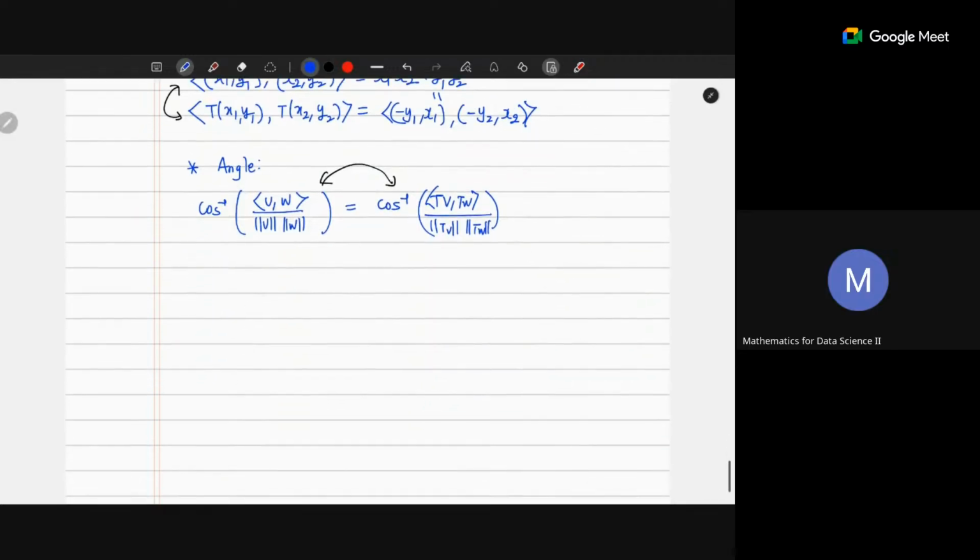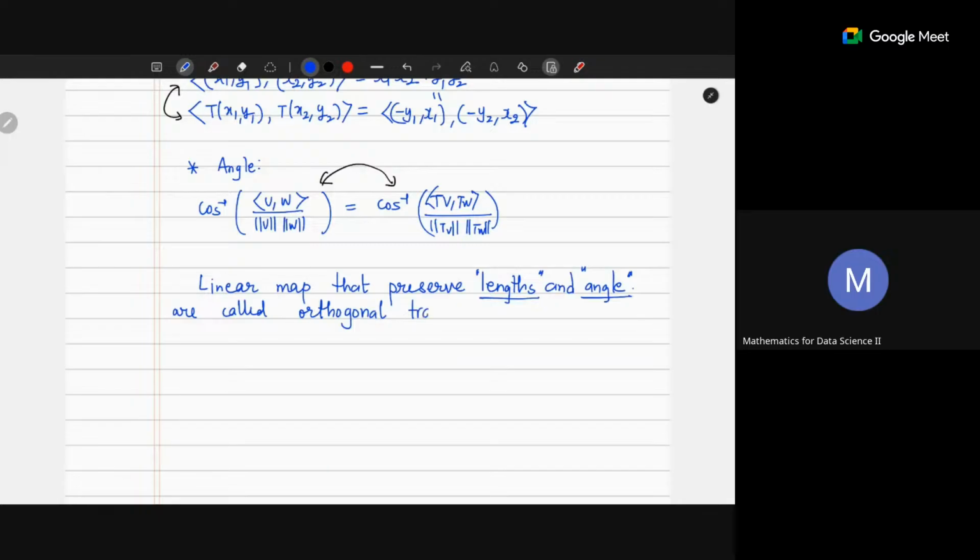So linear maps that preserve length and angle are called orthogonal transformations.